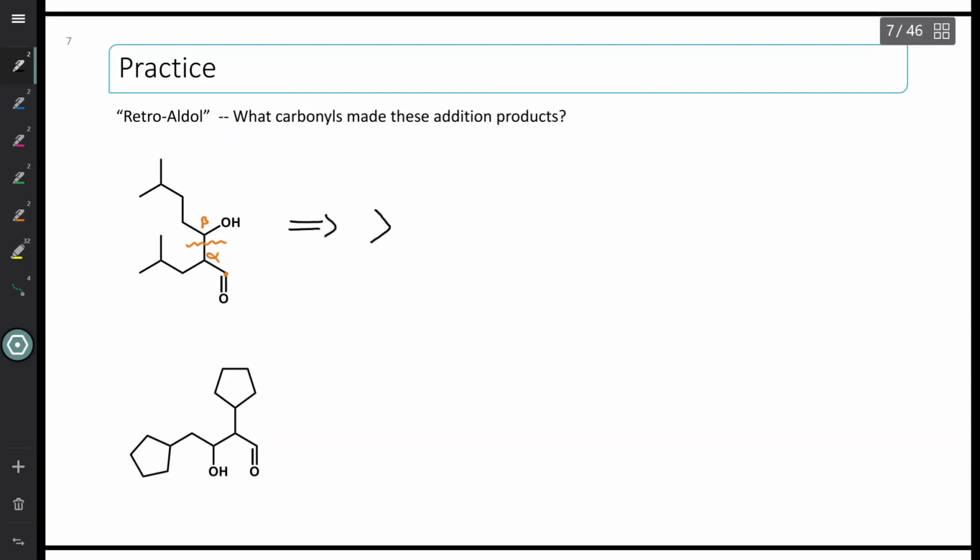One of them was this enolate here, and the other one was this aldehyde in this position, right? But these are exactly the same compounds. Here is this oxygen and this ketone still here.